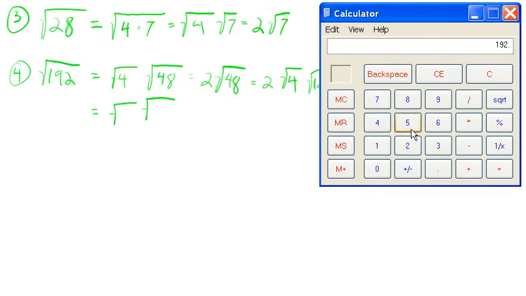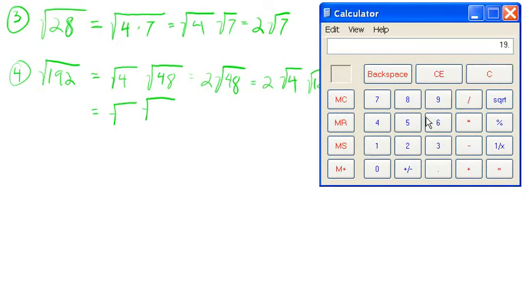So 192 divided by 4, of course, we know that'll work. How about 9? Okay, that's not going to work. Let's divide 192 by 16. It is divisible by 16.